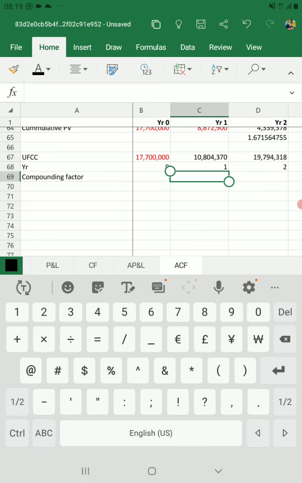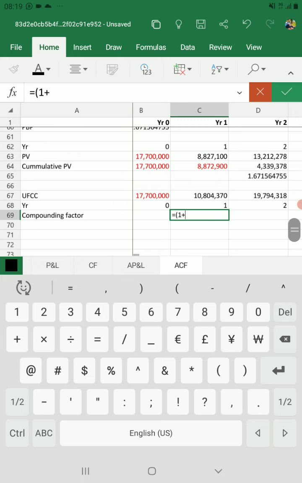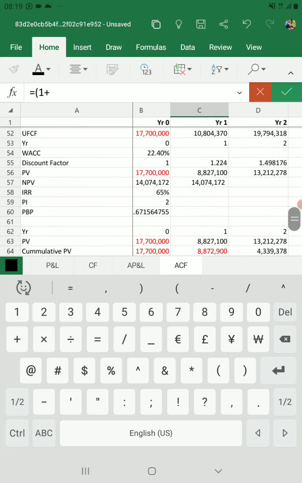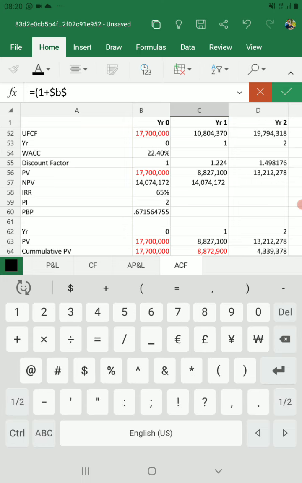Start with an equal sign, open the bracket. The compounding factor will be 1 plus R. We are compounding them using the cost of capital. So our cost of capital is here at B54. I need to lock this cell so that when I drag this formula it will always pick from B54. So I start with $, and then type B, and then $ again, and then type 54.